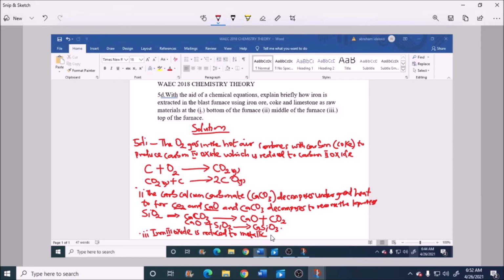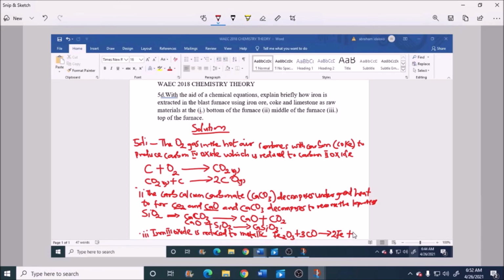Then representing this in equation, we have iron 3 oxide, that is Fe2O3 plus 3CO, that is carbon 2 oxide, to give 2Fe. So it is reduced to iron, that is metallic iron.